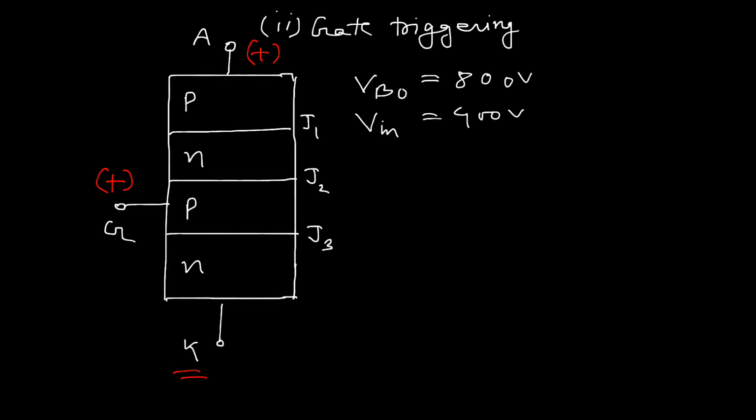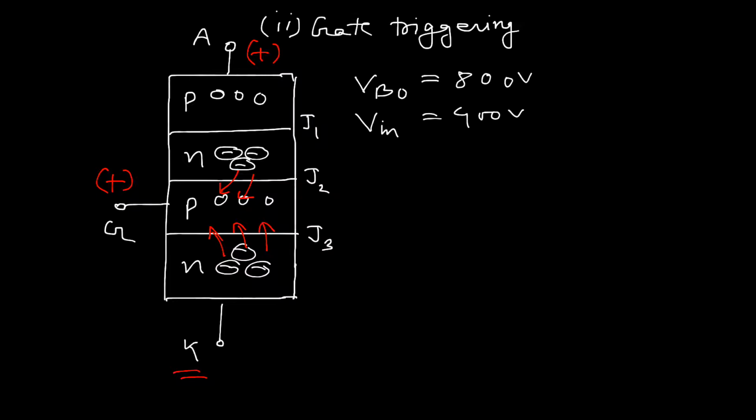We know the majority carrier of the P layer is holes, and of the N layer, electrons. That means whenever the gate is more positive with respect to the cathode, the gate terminal, which is directly connected to this P layer, tries to attract electrons from the upper N layer and from the bottom N layer in this way.